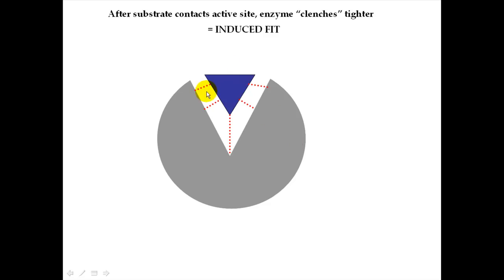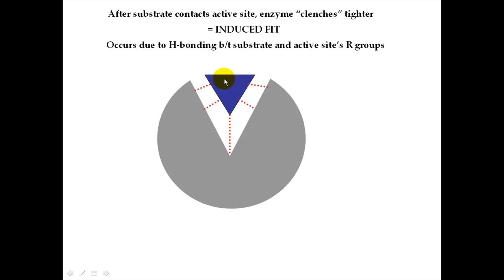And so it's these hydrogen bonds that end up pulling this active site in closer around where that substrate is. Right, so the idea here is that induced fit occurs due to hydrogen bonding between the substrate and the active site's R groups. And again, that hydrogen bonding is what causes that more snug fit to occur.